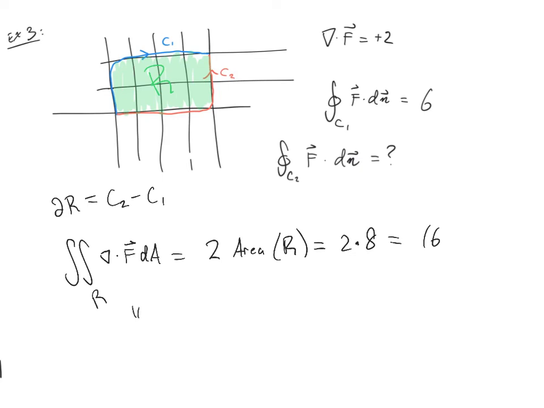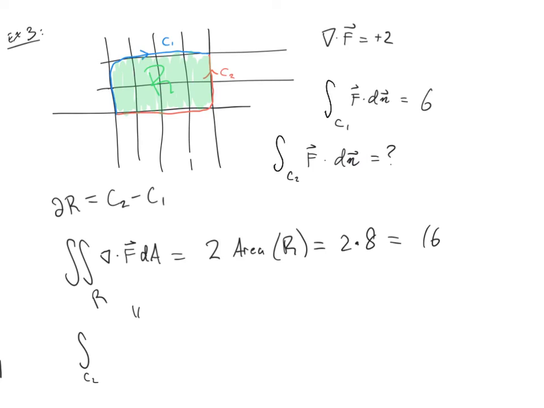But I also know that that should be equal to the integral over C2 minus C1, so that should be the integral over C2. Oops, and I wrote these as flux integrals, but these aren't closed curves. So, sorry, they're flux integrals, but they're not closed curves, so I shouldn't get closed curves there.